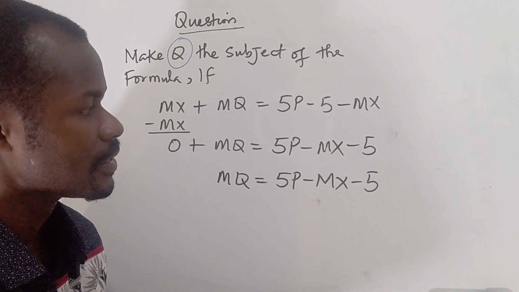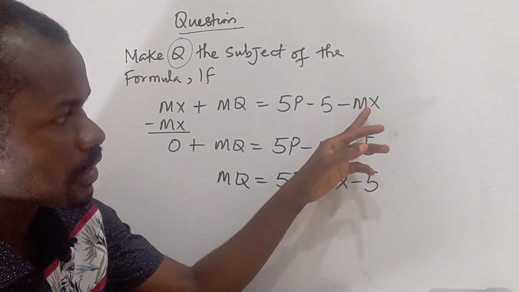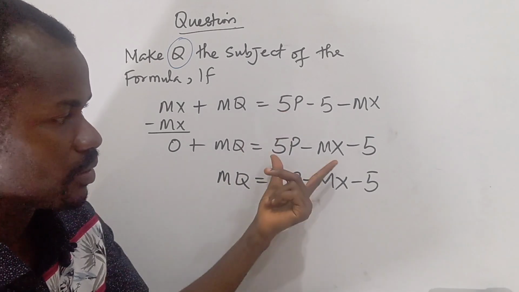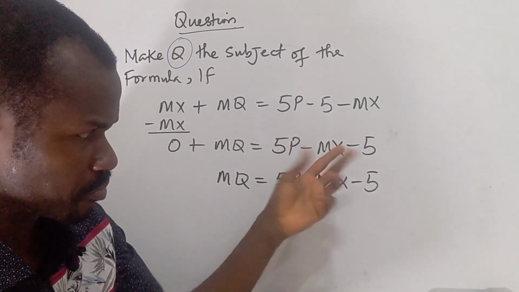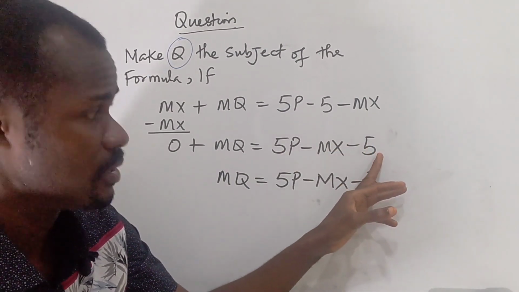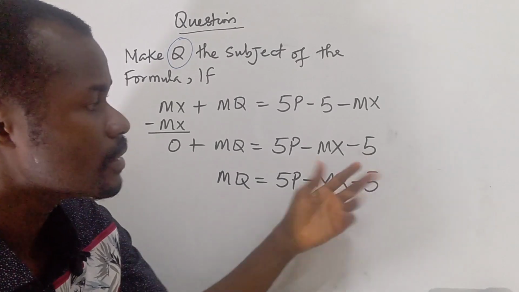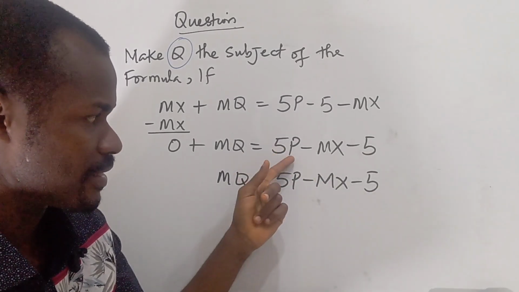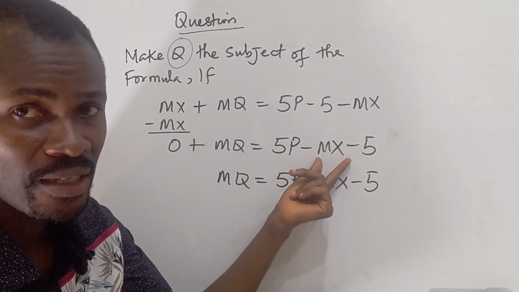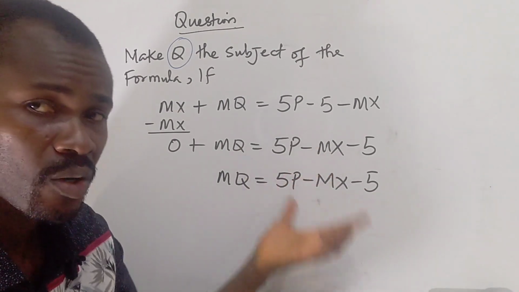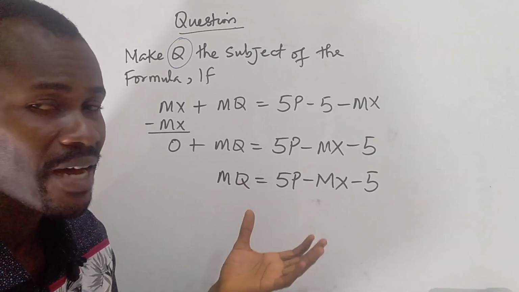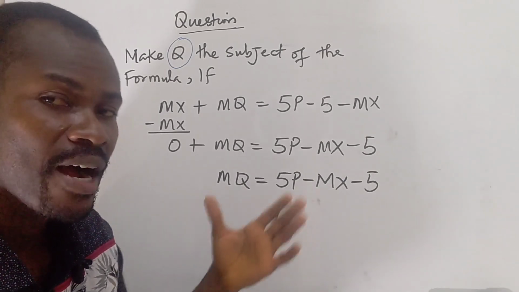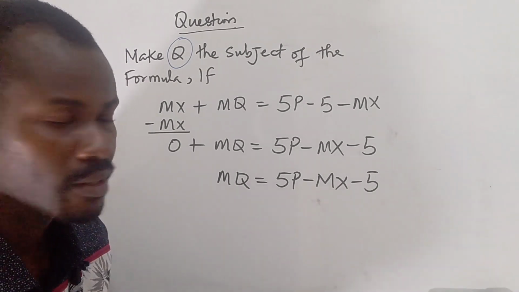And the reason for writing mx close to this is so that the letters can be closer, then the number can be alone. This number is without letters, but this 5p has a letter, and mx is also a letter. So when you're solving change of subject, you want to see a good arrangement of letters and numbers separately.